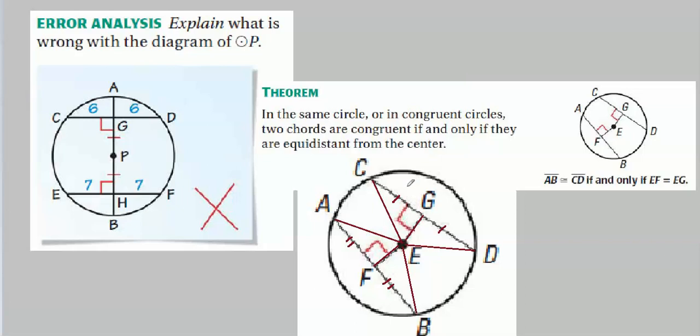Which means this triangle is congruent to this triangle, and using corresponding parts of congruent triangles being congruent, that means this side is congruent to this side, or this leg is congruent to this leg. We can use exactly the same reasoning to show that this right triangle is congruent to this right triangle, and this section is congruent to this.